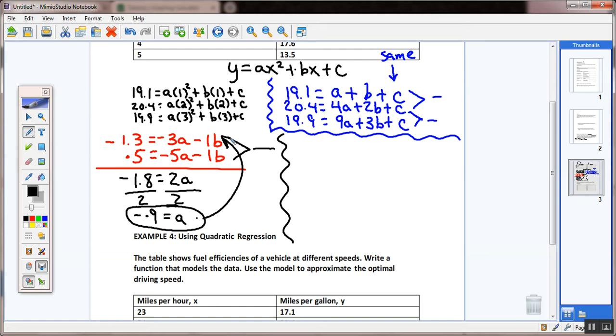What am I going to replace a with? -0.9. So I'm going to have -1.3 equals -3 times -0.9 minus 1b. Okay, this becomes -1.3 equals 2.7 minus 1b.